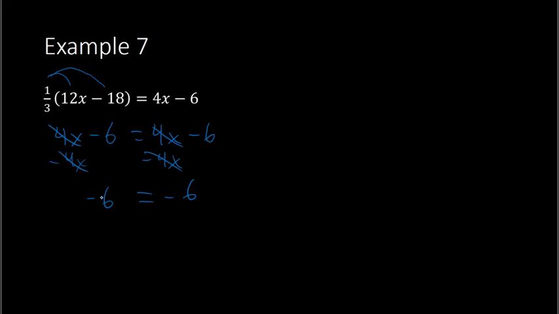So this is an unusual situation where we have a true statement like this, but without variables. So if you see this, like negative 6 equals negative 6, or 0 equals 0, or 4 equals 4, this is a special scenario where our solution would be all real numbers, meaning there's an infinite number of solutions.